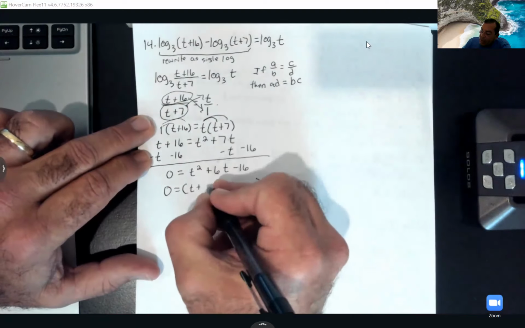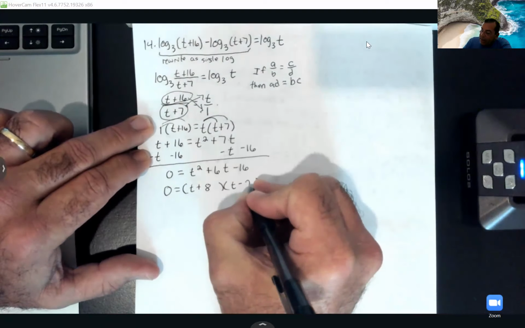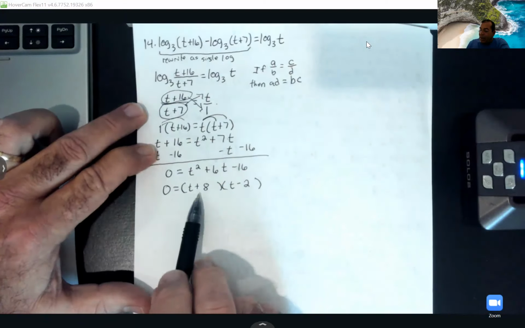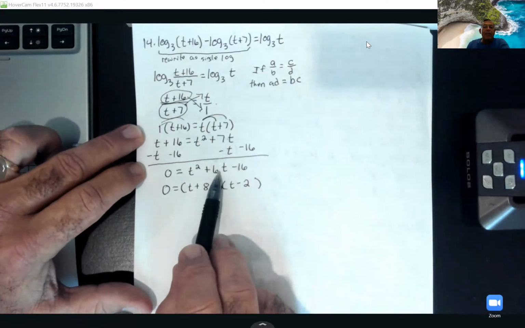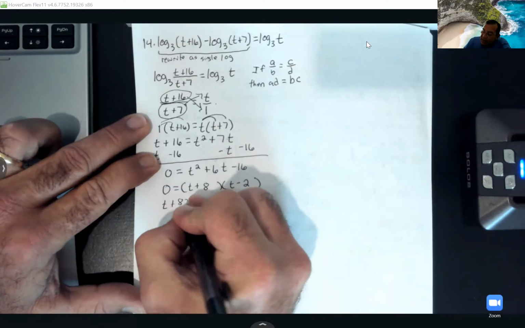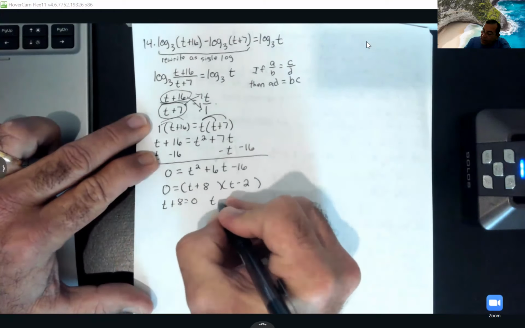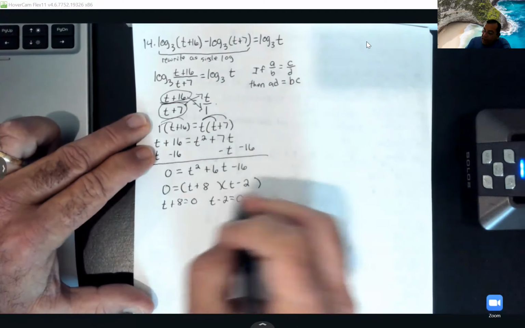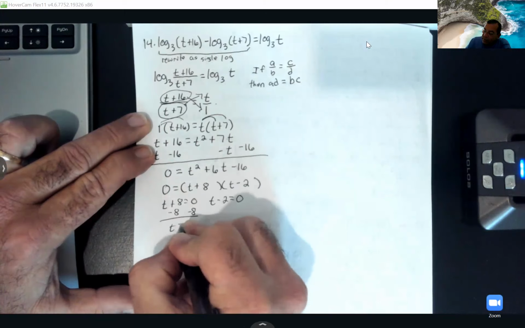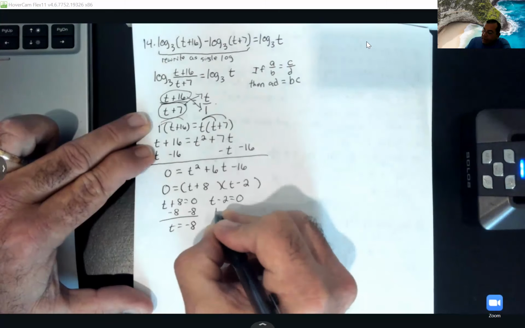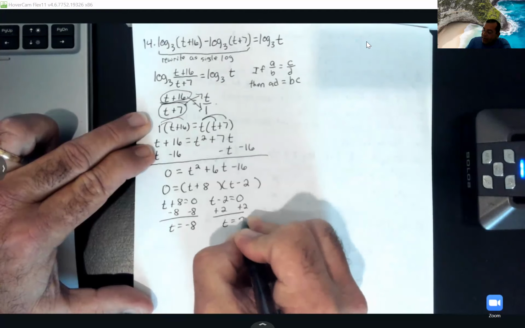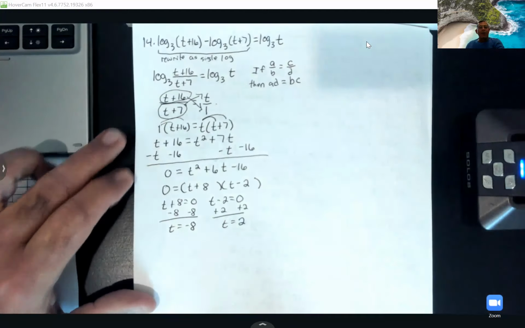This time the 8 is going to be positive and the 2 negative. And just notice I'm always making the larger number the same sign as the middle. All right, so you got me factored. So let's set both of them equal to 0. And solve by subtracting 8 on the first one. Adding 2 on the second one. So, final answer.